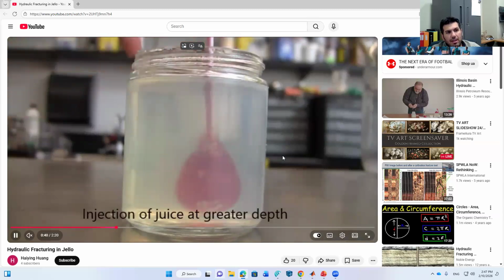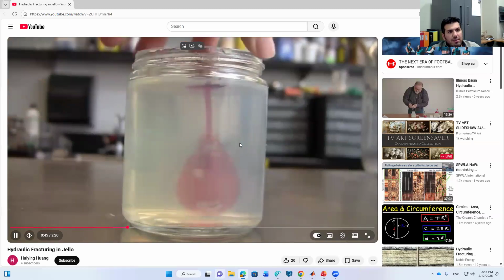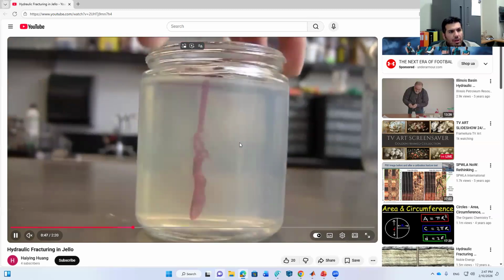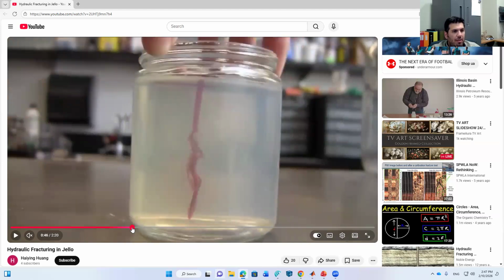When he turns the jar, you're going to see a certain view that will convince you. This is the view I saw that convinced me that, okay, this is certainly a tensile fracture. It's a longitudinal tensile fracture.